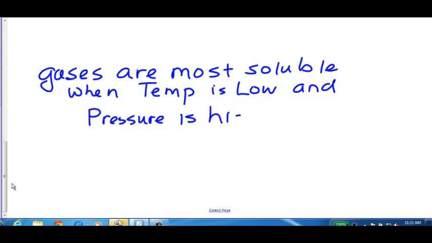That's when your gas will stay dissolved in solution, and that's when your pop will stay the fizziest. So you want to keep it cold, and you want to keep the lid on your soda because that will keep the carbon dioxide dissolved. You take the lid off, you warm it up, your carbon dioxide comes out, and your soda will go flat fast.